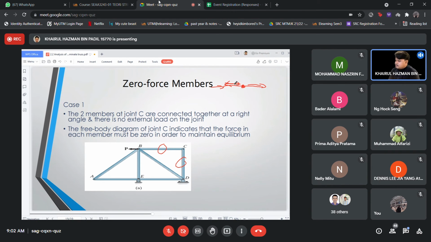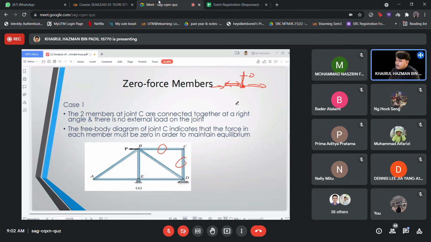If you put another member here, this member will equal zero since this part is already balanced. You don't need to transmit force towards these members.